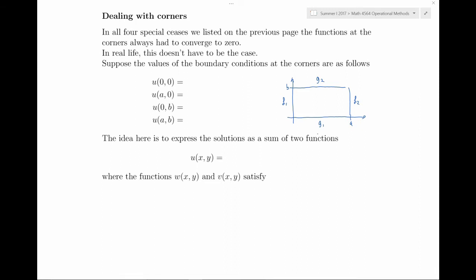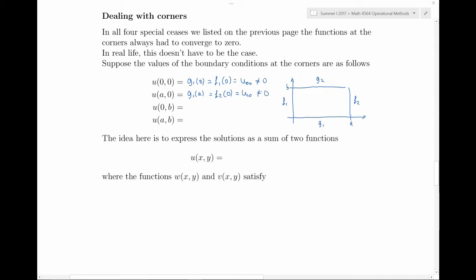So for example, at the 0, 0 corner, the function should be equal to g1 of 0 or f1 of 0, and that's what I'm going to call u00, and that's not 0. And at the corner a, g1 of a should be the same as f2 of 0, and that's something that I'm going to call u10, and that might be non-zero.